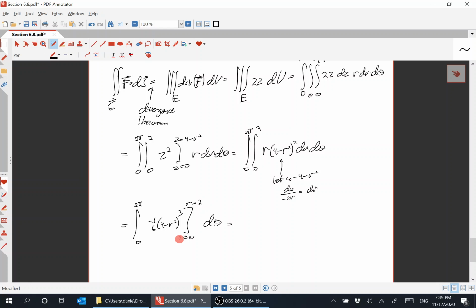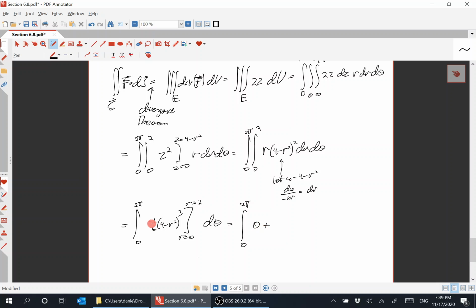Make sure we got that right: 3 times 1/6 is 1/2, and (4 minus r squared) squared times minus 2r, the minus 2 and the 1/2 cancel. So that's the correct antiderivative. Evaluating at 2 and at 0, at 2 this is just 0.